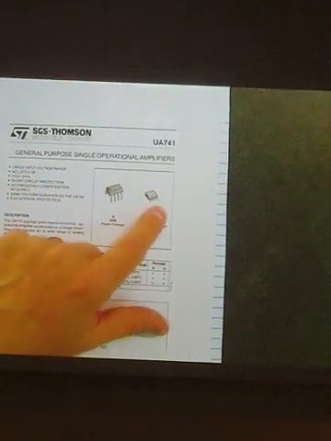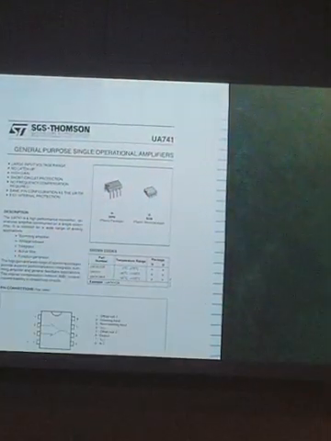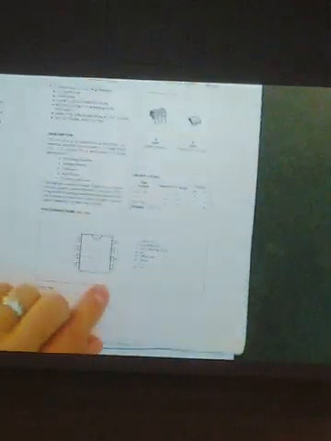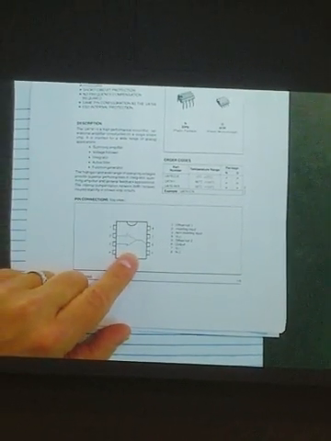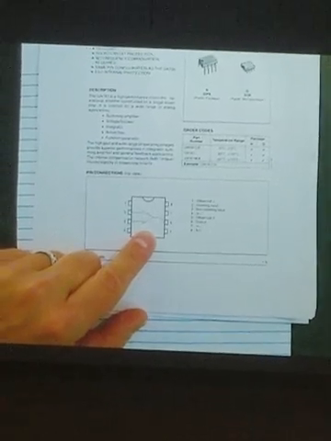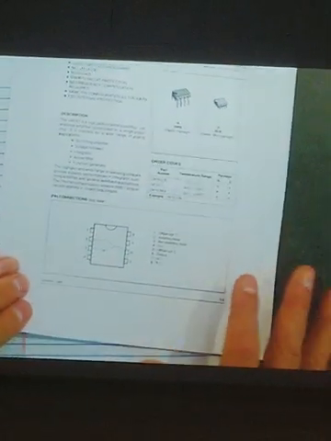You've probably seen something like this before. The spec sheets have everything, like the packages it's available in, and the pinouts, which in a single op-amp version is pretty boring. But if we jump ahead a page, it's not showing up very well, but that's the internal schematic.